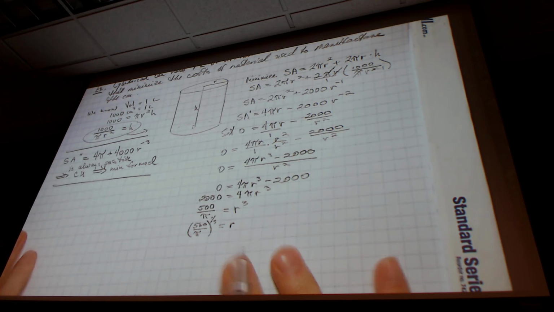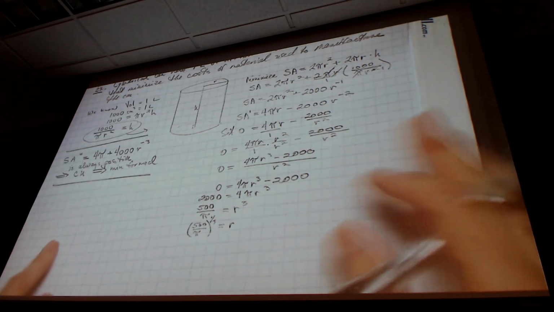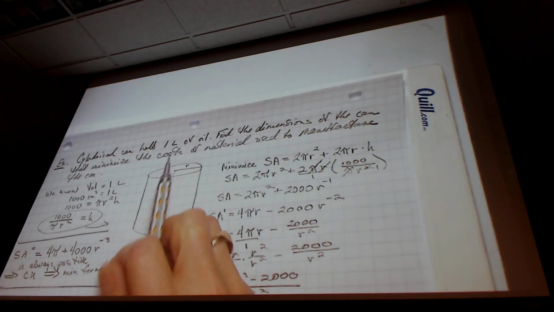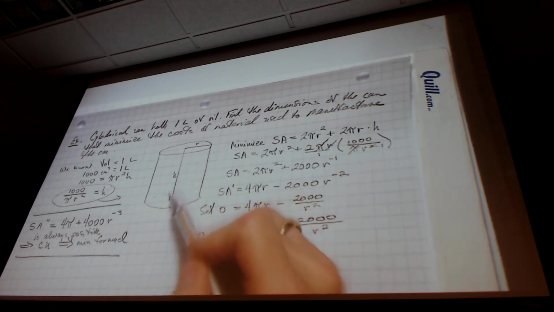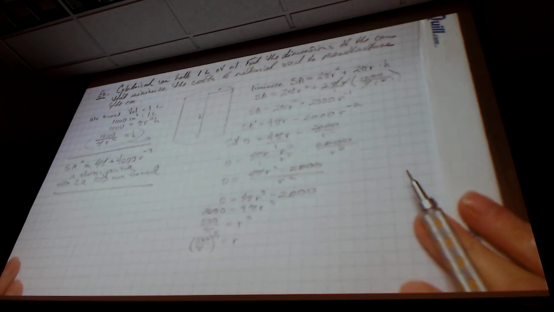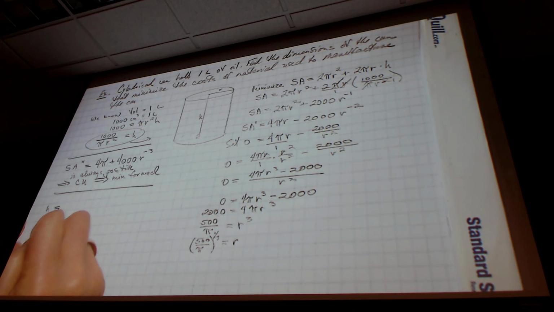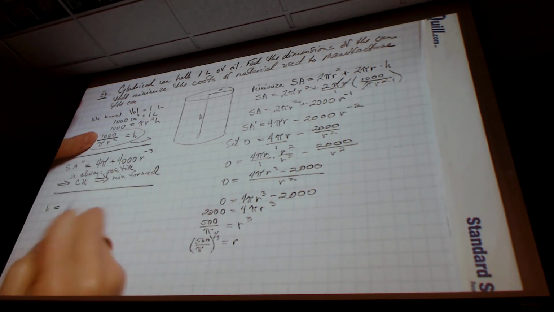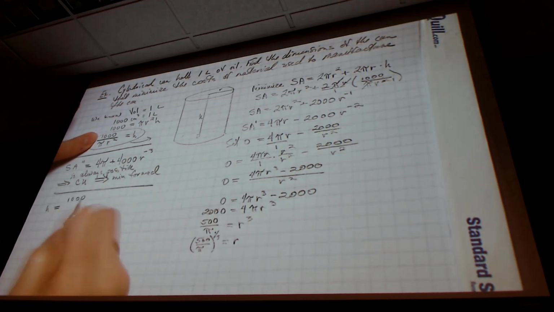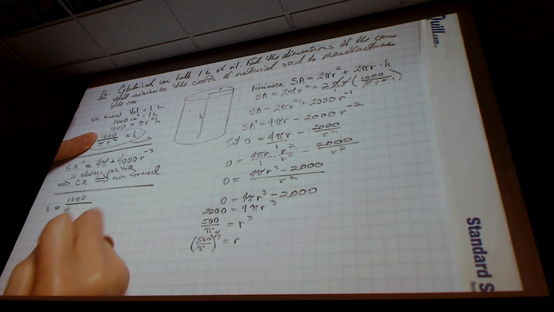Okay, now I would like to know what the height is too. That's the other thing. We're not worried about volume. We know what the volume is, but we want to know the height and the radius. So that's the last of this problem. Well, we know that the height was this thing right here, 1,000 over pi r squared.